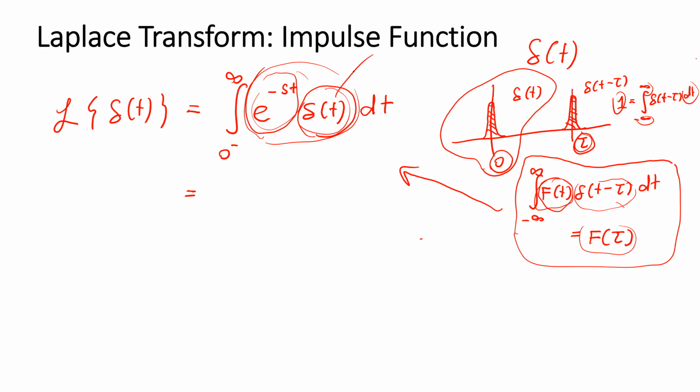So this integral is equal to e to the power minus s times 0, which is 1. So the Laplace transform of a direct delta function is equal to 1.